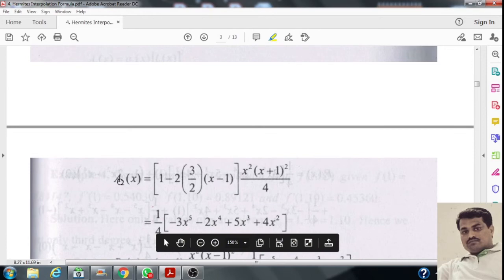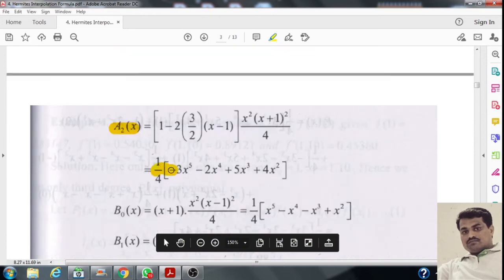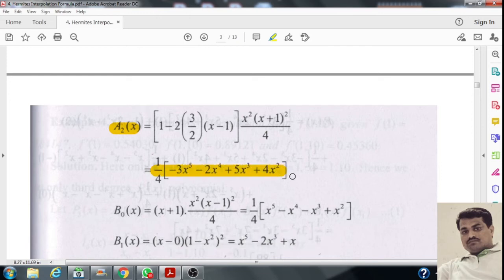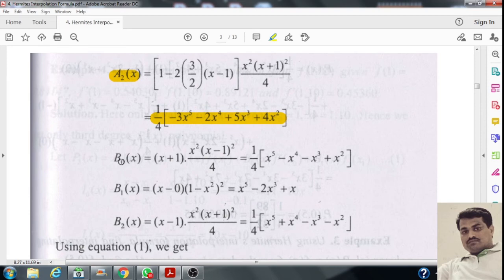Similarly, we can find the value of a2(x), and a2(x) is equal to 1 by 4 into minus 3 times x raised to 5 minus 2 times x raised to 4 plus 5 times x raised to 3 plus 4x square. Also, we can consider the formula for b0(x). In b0(x), what is there? (x minus x0) into L0(x) bracket square.